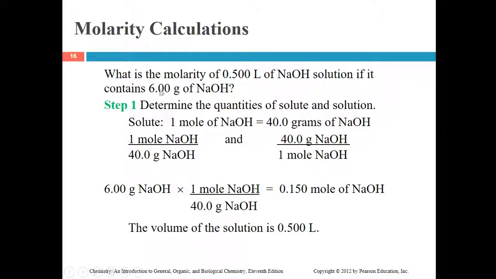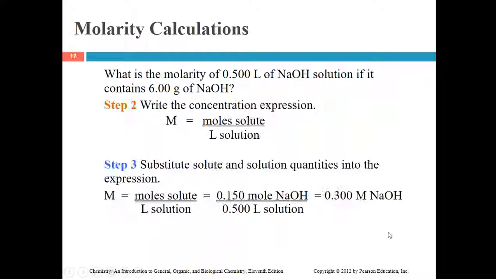So knowing that we have 6 grams of sodium hydroxide and need to convert it to moles, then the conversion that we're going to use, you'll notice, is 1 mole of sodium hydroxide over 40 grams of sodium hydroxide, so that the grams of sodium hydroxide cancel out. So 6 times 1 divided by 40 equals 0.150 moles of sodium hydroxide. Now we know that the volume of the solution is 0.500 liters, so we're going to plug those into our formula now.